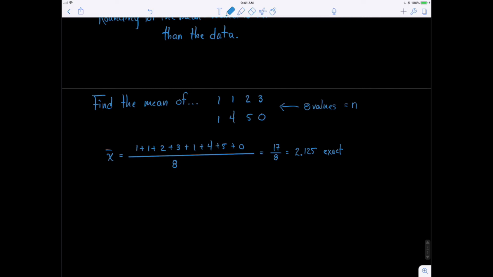But that doesn't hold to our rounding rule. So what we would do is we would say that x bar, the mean, equals, and so our data is in whole numbers, so I would need to round just to the 10th. That's where I would round. And so I would say that x bar is 2.1.